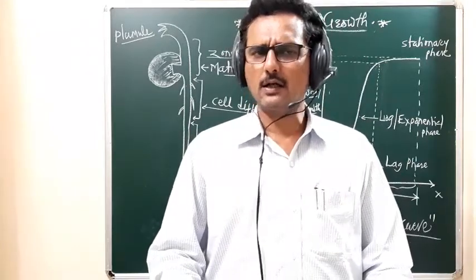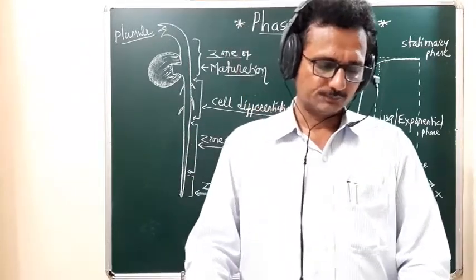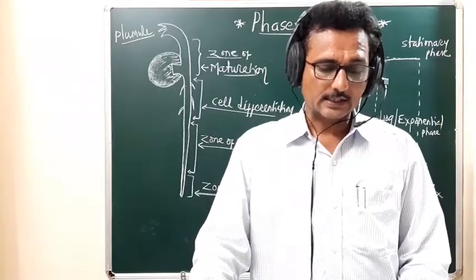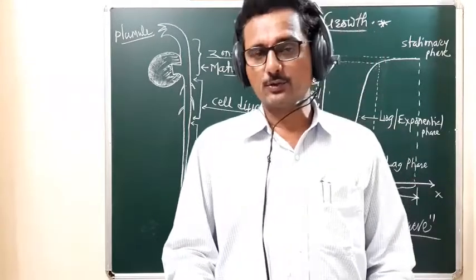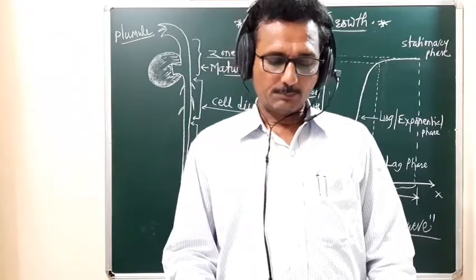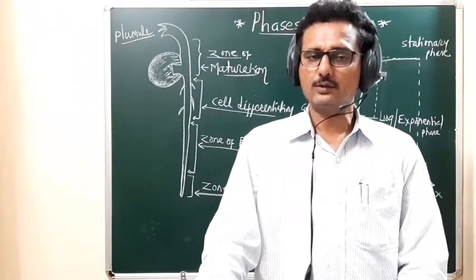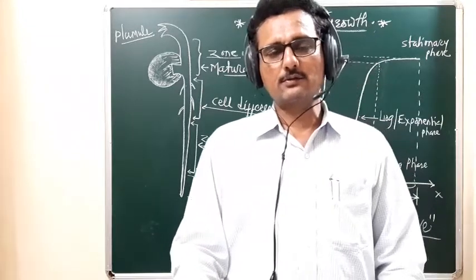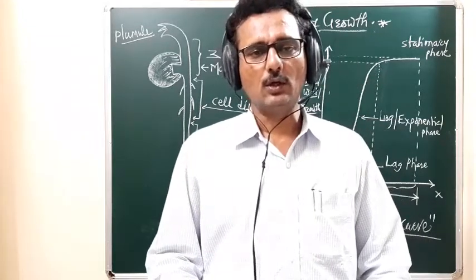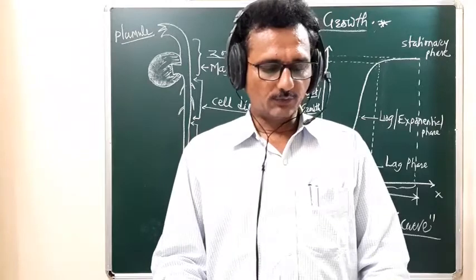So this is a correct statement. Second option, the cells in this region are rich in protoplasm and possess large conspicuous nuclei. This is also a correct explanation of the meristematic phase of growth.